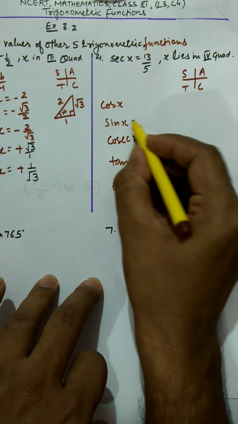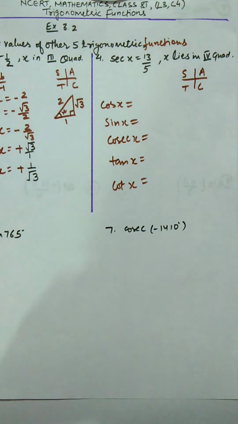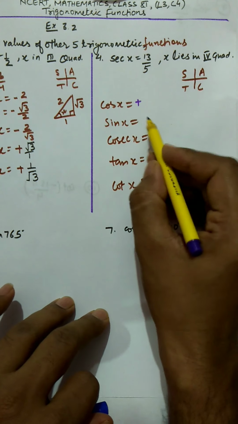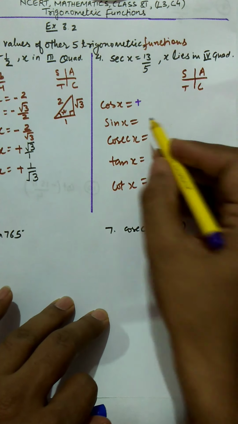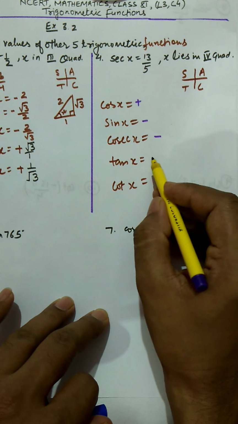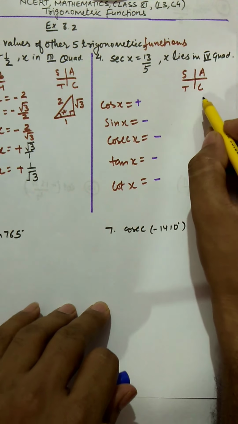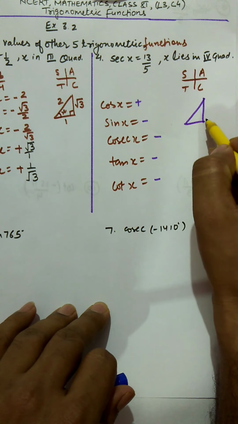Now we decide their signs. In the fourth quadrant only sec and cos are going to be positive, the rest will be negative. So we put this sign negative, positive, and the rest negative. Now we'll draw the triangle again.